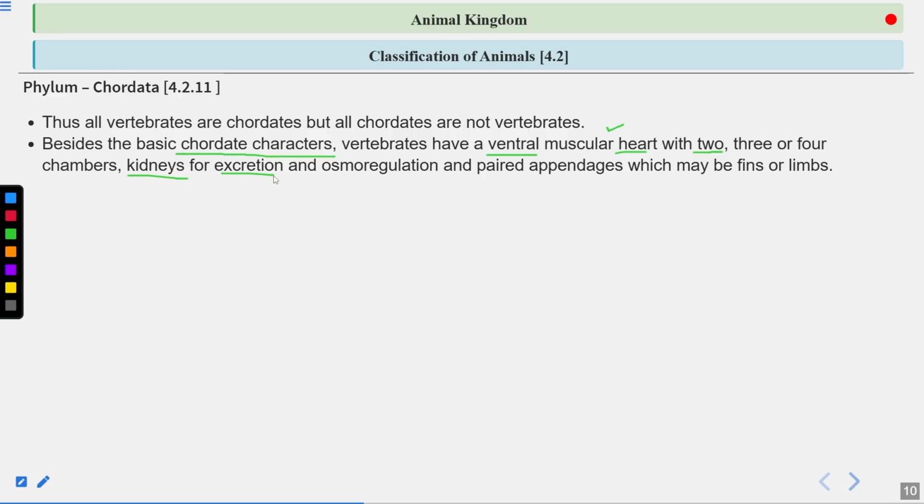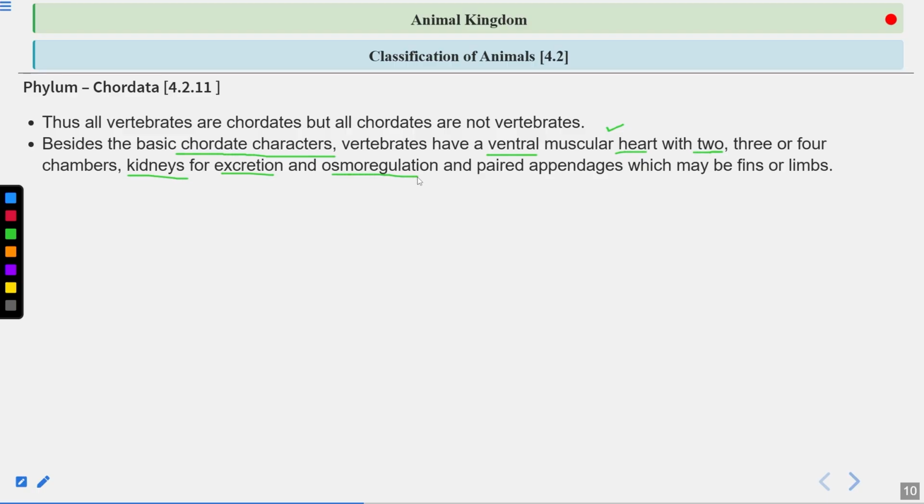And it is also concerned with the process of osmoregulation. Osmoregulation is the maintenance of water balance and electrolytes in the body. That is called osmoregulation, right? So the kidney is taking care of the process of excretion as well as osmoregulation.